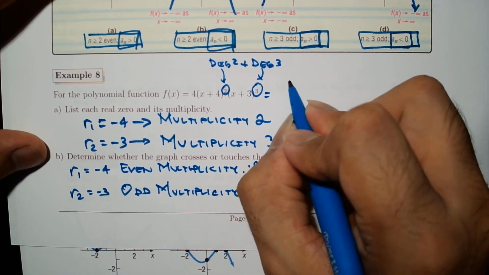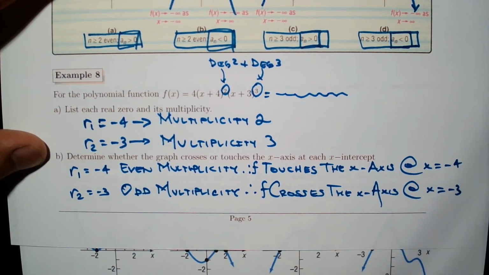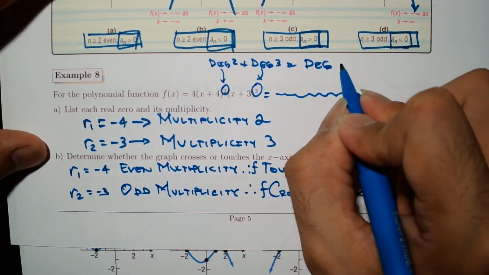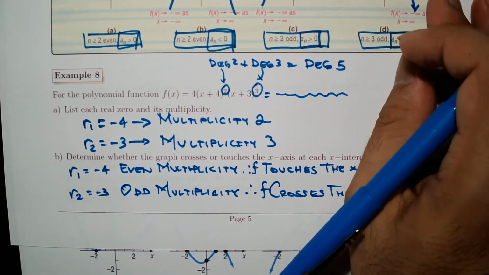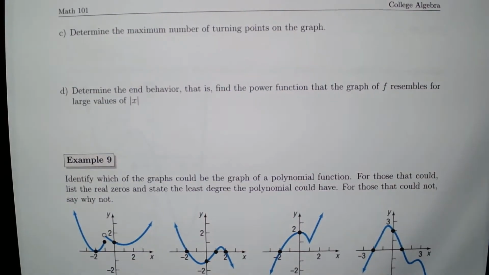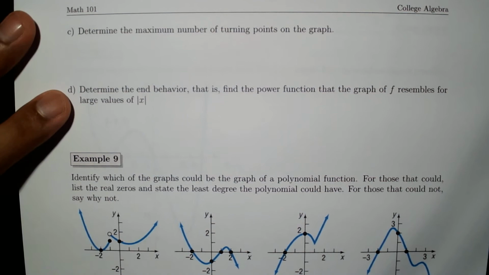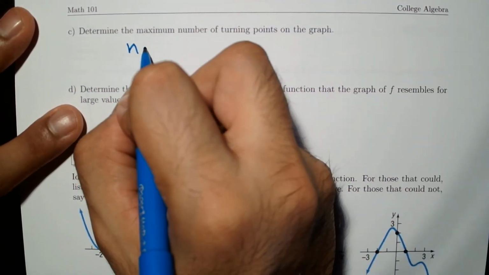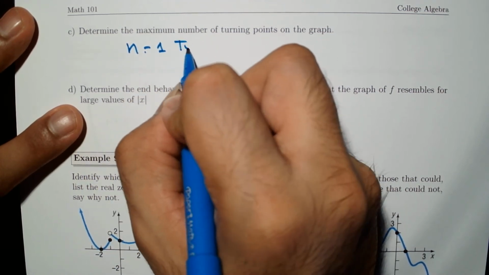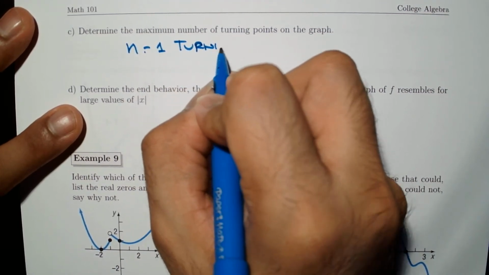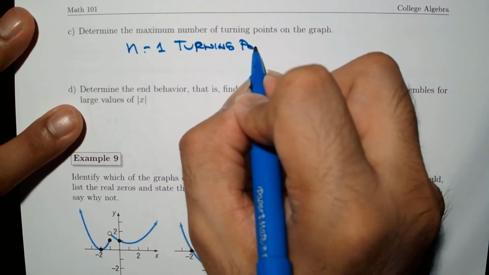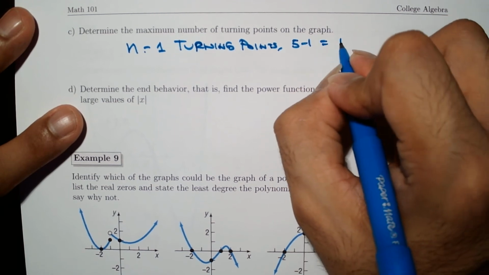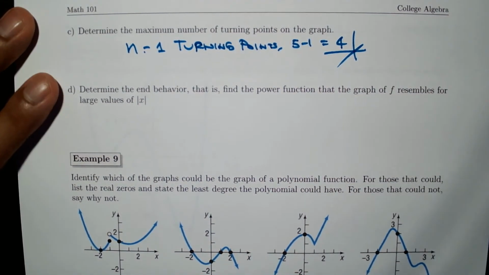We add the 2 degrees, and the degree is 5. So we have a 5th degree polynomial here, and it's going to be n minus 1 turning points. That is 5 minus 1, which equals 4 turning points.